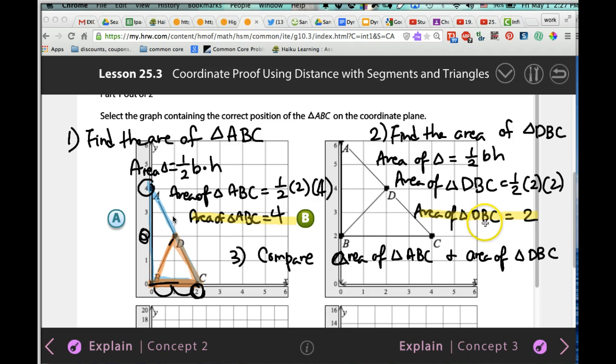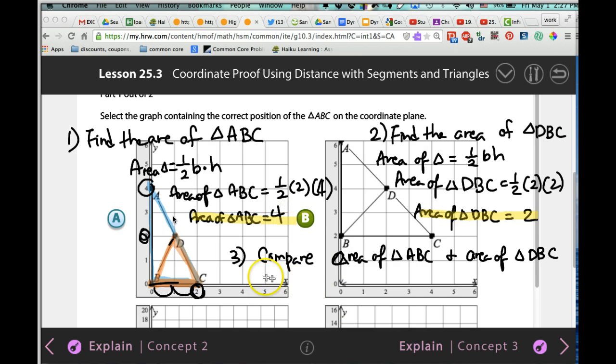We have a 4 and a 2. So what is the relationship between the 4 and the 2 areas? What is half? Good job! The area of triangle DBC is half of the area of triangle ABC.